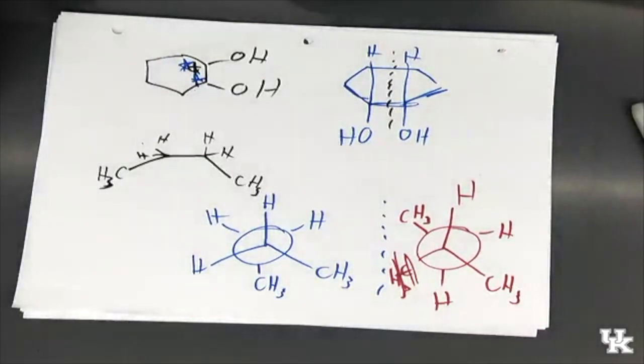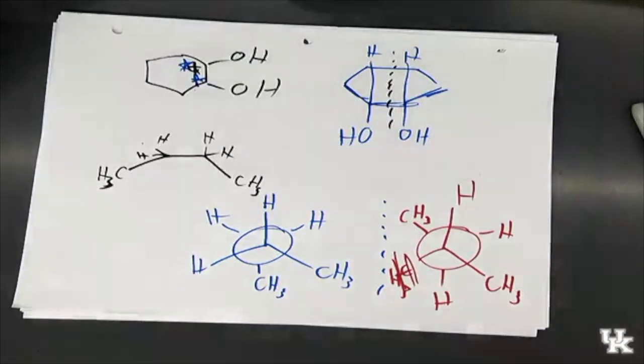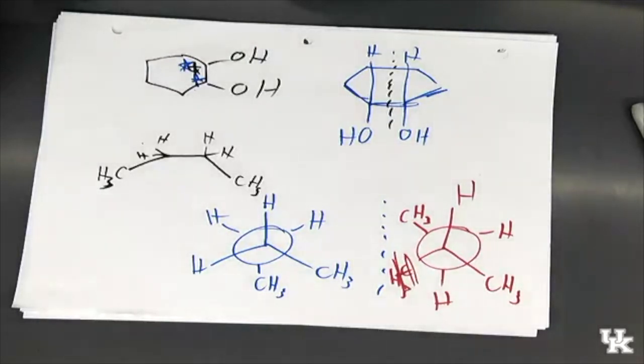If you could freeze them down to like absolute zero or something like that, and they didn't have the energy to move around, then those would be chiral, because they would be physically locked in place, and they would be non-superimposable, non-mirror images.